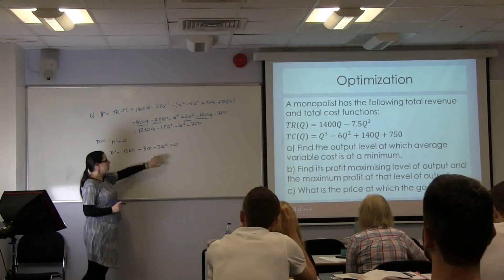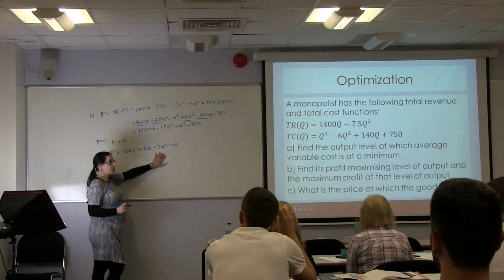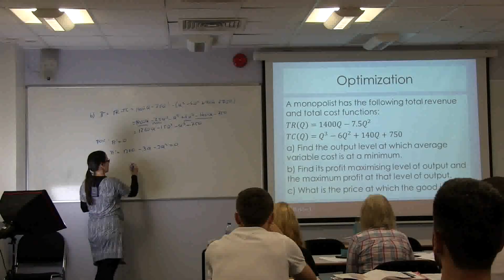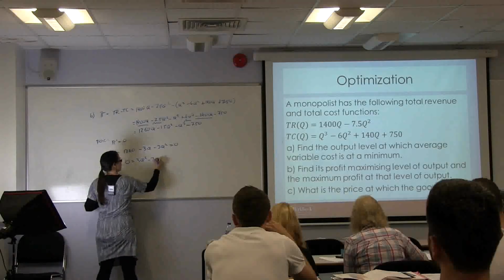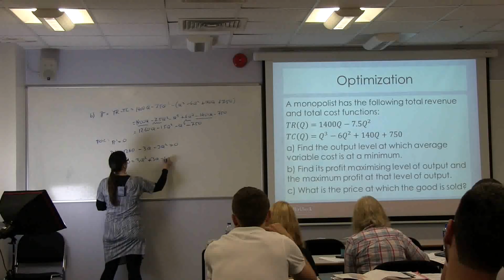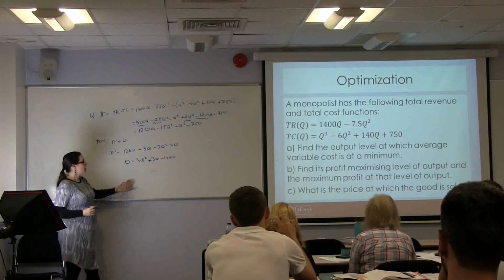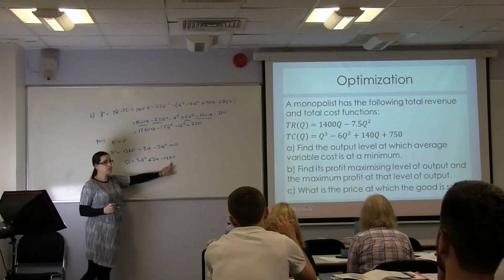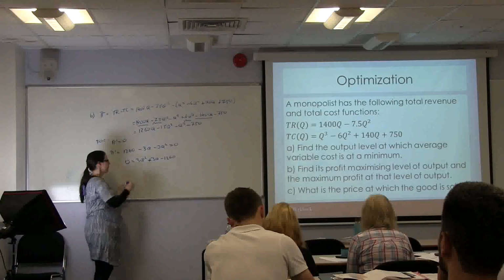I prefer the positive sign for the quadratic term, so I'm just going to rearrange the equation slightly. So 0 equals 3Q squared minus 3Q, no, plus 3Q minus 1,260. And what do I spot? I can divide the whole equation down by 3.